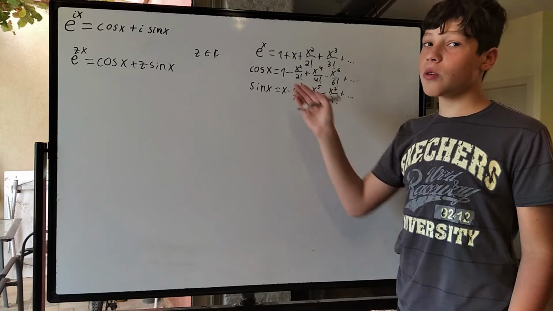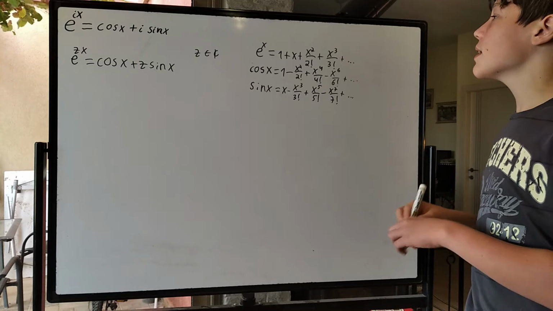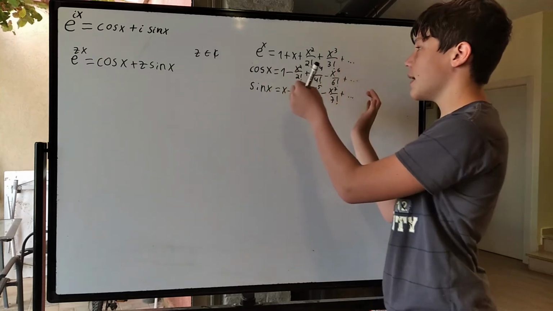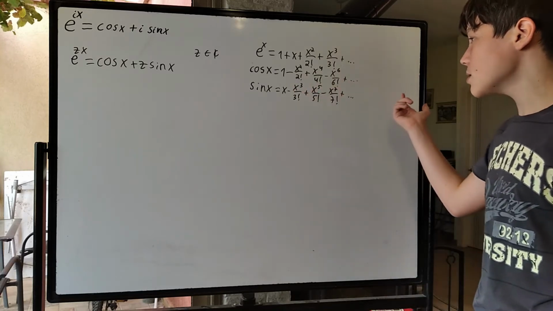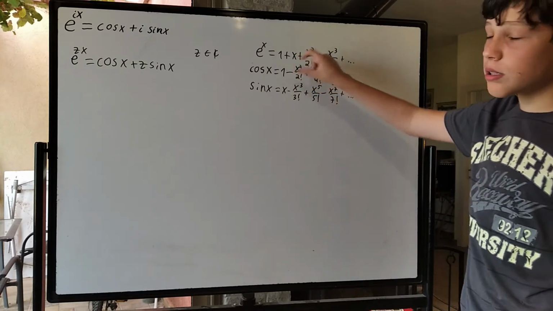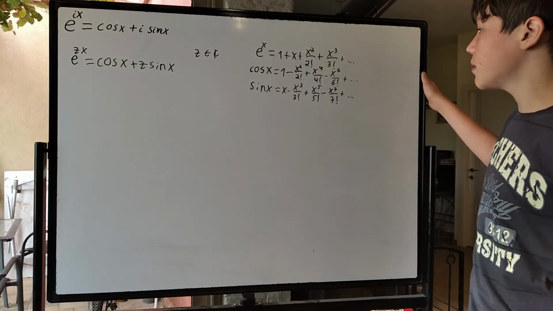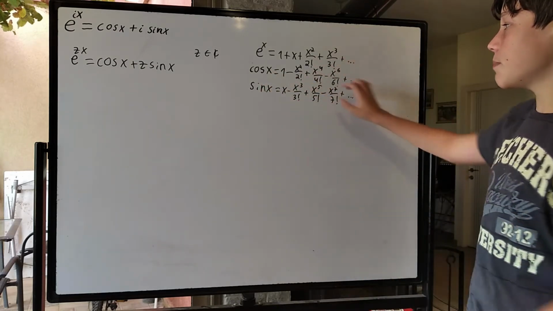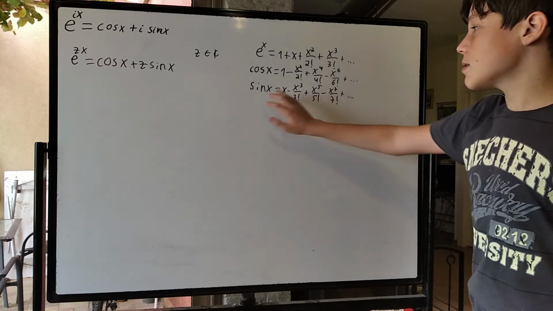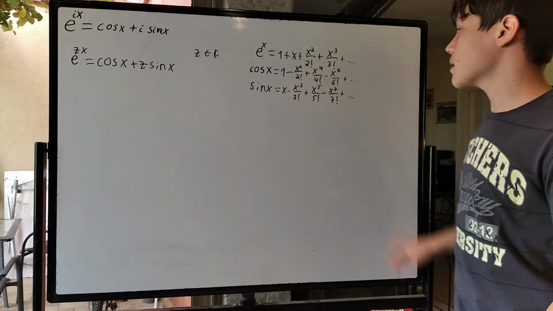So the ones for cosine and sine are sort of like taking a part of each, the even ones and the odd ones, and then putting alternating signs on it. So cosine takes all the evens and then puts alternating signs. Sine takes all the odds and puts alternating signs.